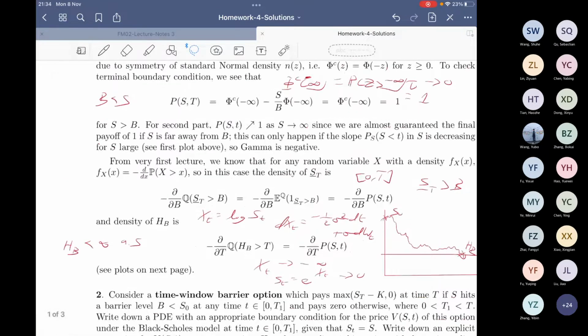But now the difference is that we're not going to differentiate in B, we're going to differentiate in T.